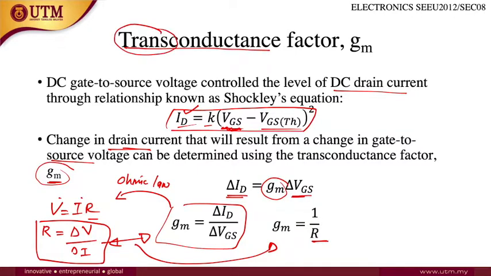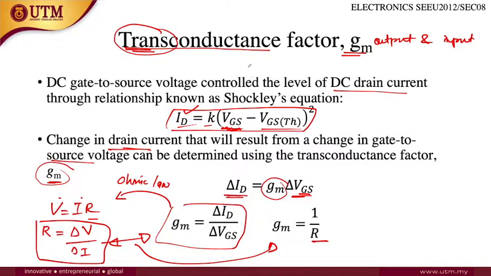So what is the meaning of transconductance actually? The trans is a prefix. In the terminology, when it is applied to GM, it reveals that it establishes a relationship between the output and the input quantity, between the output, which is delta ID, and the input quantity.